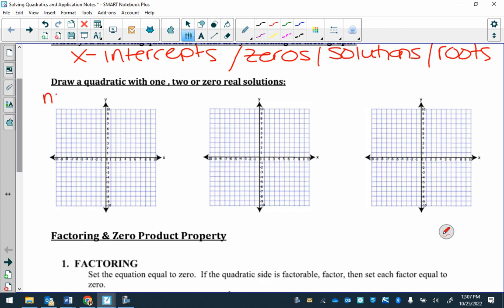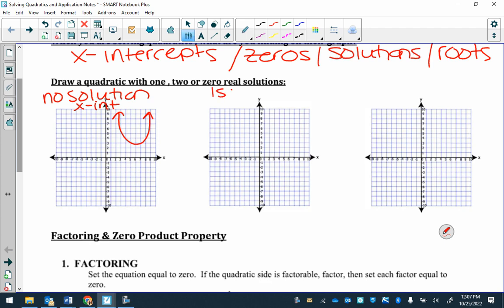So no solutions is what we actually just saw, or no x-intercepts, is something like this, okay? When it does not cross the x-axis at all. It could cross the y as your y-intercept, but it will not cross the x-axis, okay?